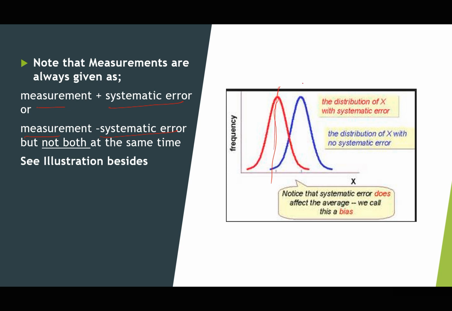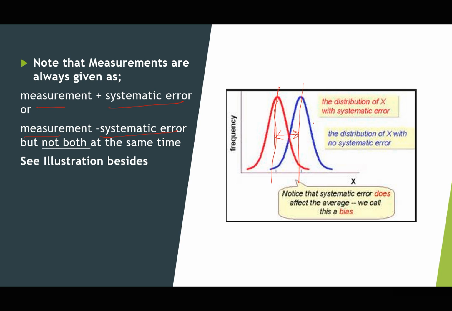In blue, this is with no error. So you notice that there is a difference between the average when there is a systematic error and the average with no systematic error.